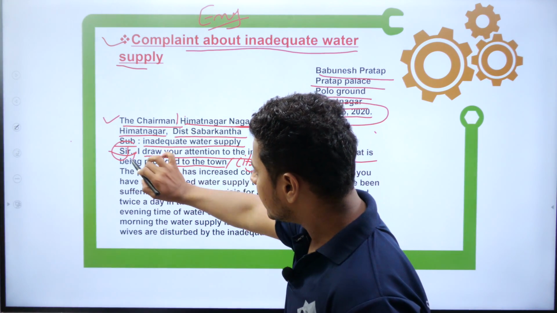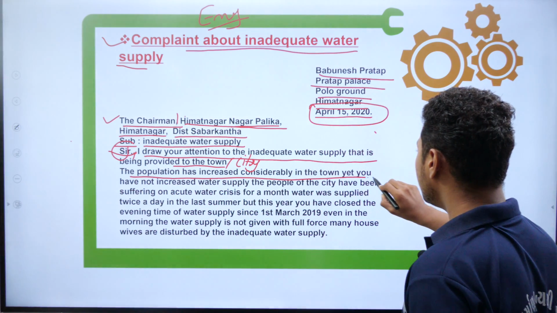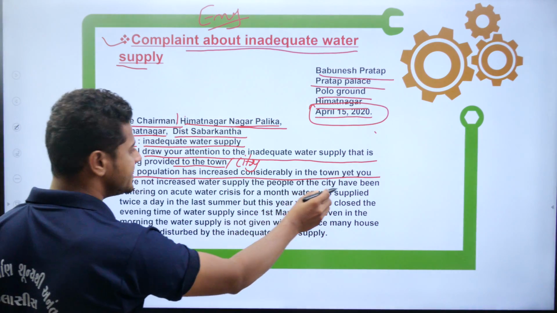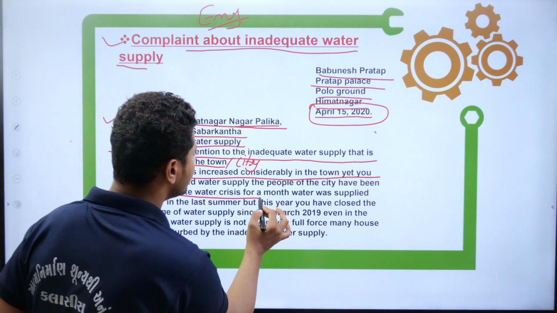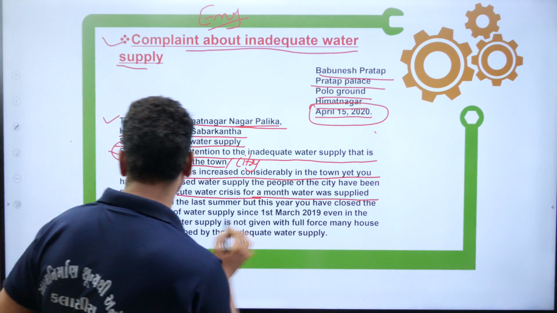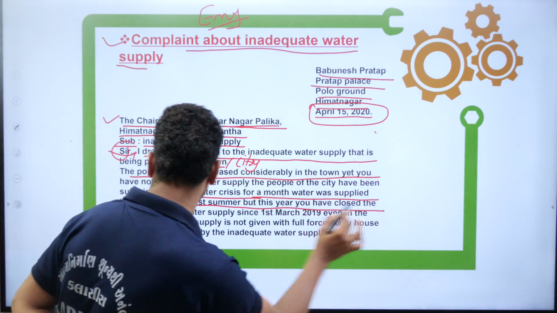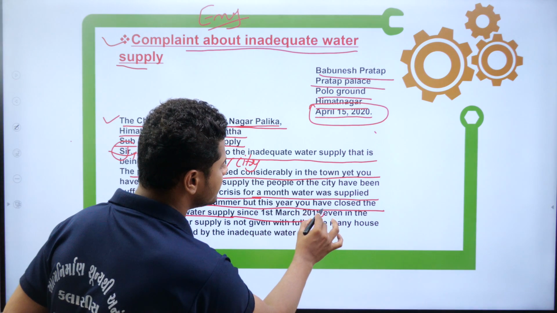Here I have mentioned: "The population has increased considerably in the town, yet you have not increased the water supply. The people of the city have been suffering an acute water crisis for a month. Water was supplied twice a day last summer, but this year you have stopped the evening water supply since 1st March 2019."